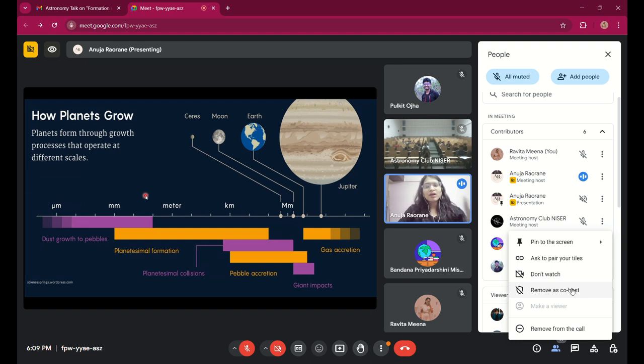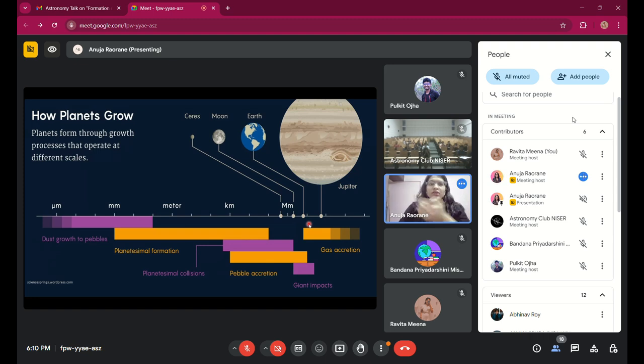And these pebbles and dust together form these planetesimals, which are around meter to kilometer sized objects. These meter to kilometer sized objects start colliding and also start creating these small pebbles to form what we know as today's planets. And to form our gas giant, there is an extra process called gas accretion.